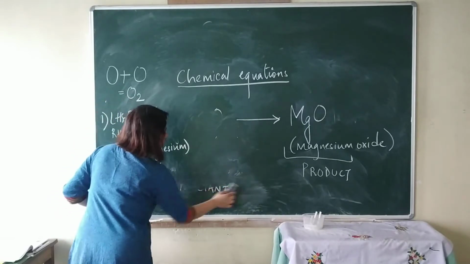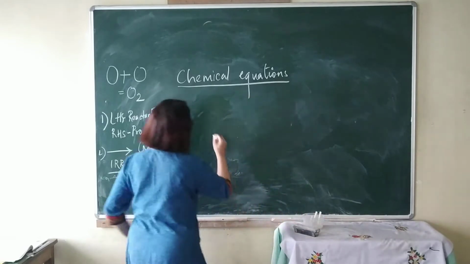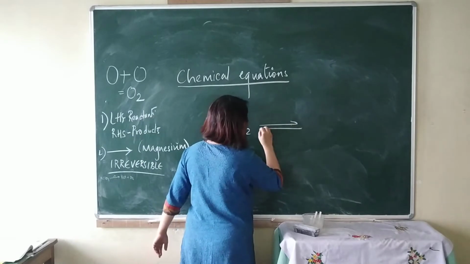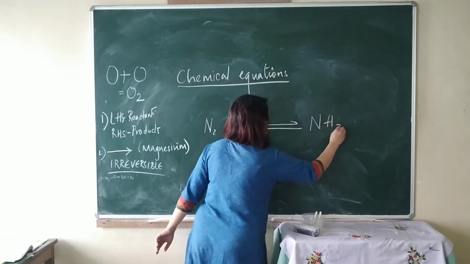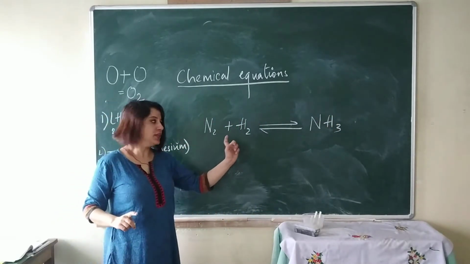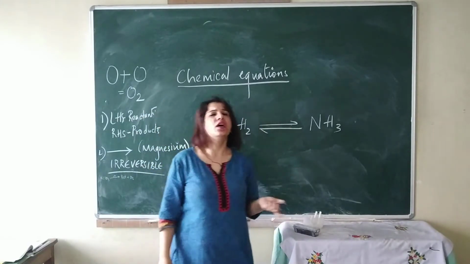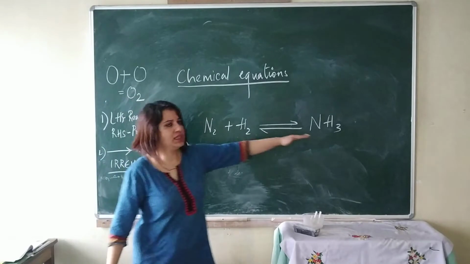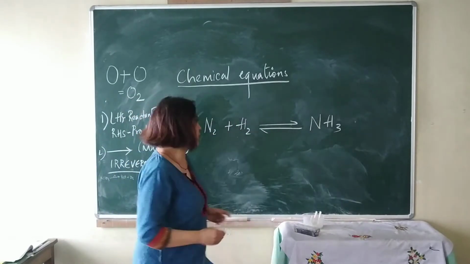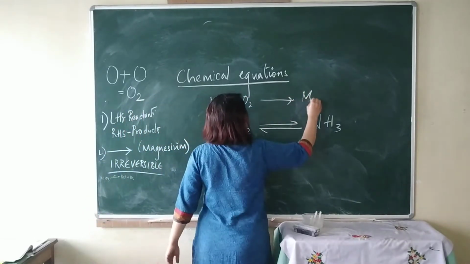Now, just see this equation. As already stated, nitrogen and hydrogen are the reactants, and we call this ammonia. Ammonia is a product. Now, see here. In the previous equation, it was Mg plus O2 gives MgO.